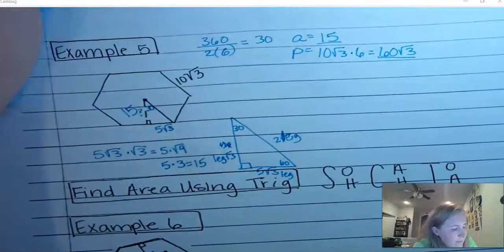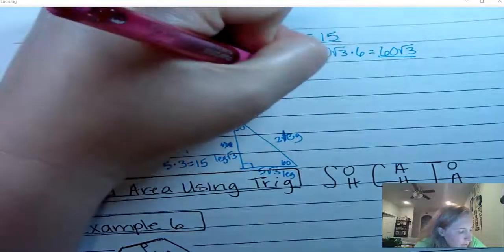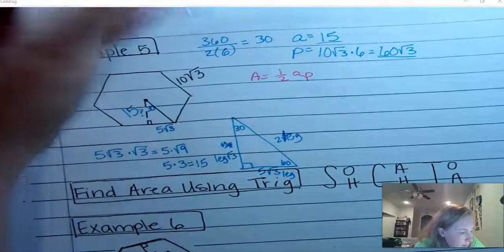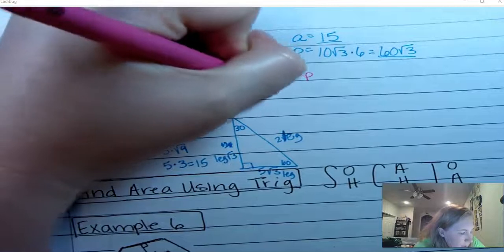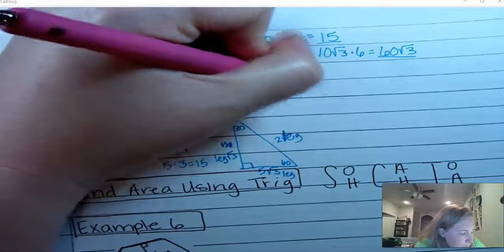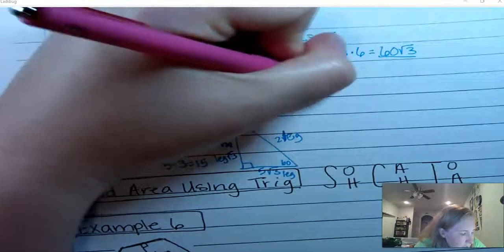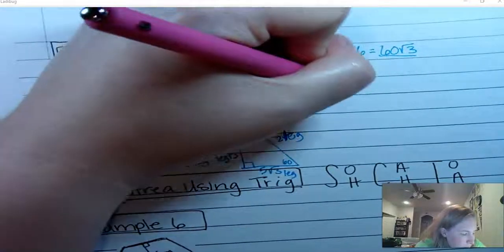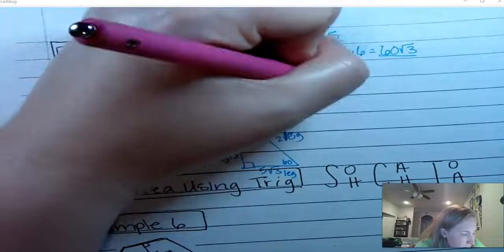Okay, we have everything we need. Our perimeter, our apothem. Let's go ahead and plug those in. 1/2 AP. Area equals 1/2 15 times 60 root 3. I do not know why I keep closing these parentheses.